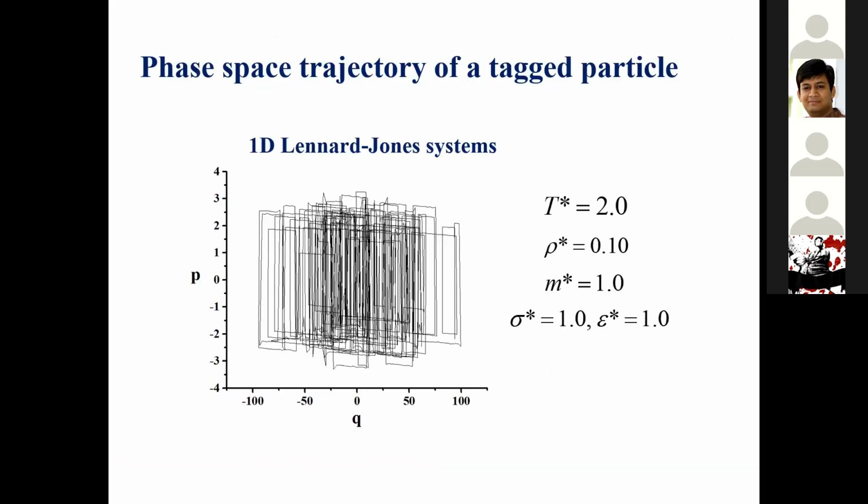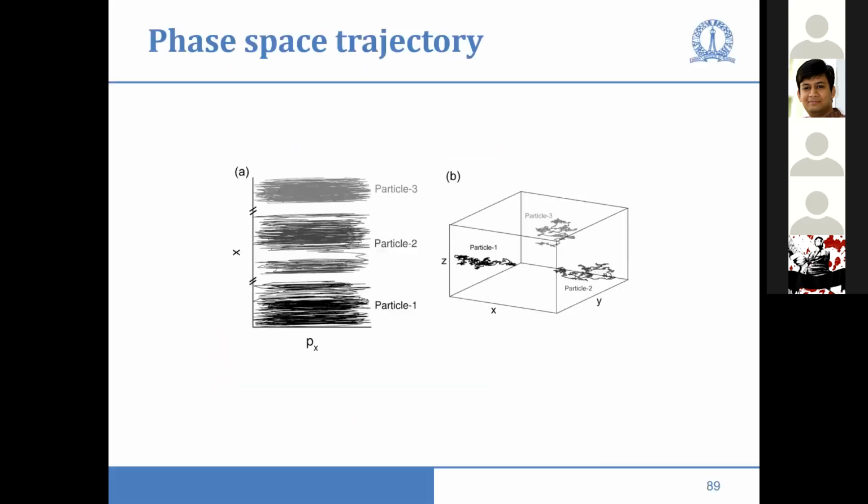So the phase space: how do we study the phase space trajectory? Here is a one-dimensional phase space trajectory. Phase space, remember, is the space spanned by momentum and coordinate, and in an ergodic system the trajectory just fills it up. And here is a phase space trajectory in three dimensions for three different particles, and locally they all fill up the phase space.